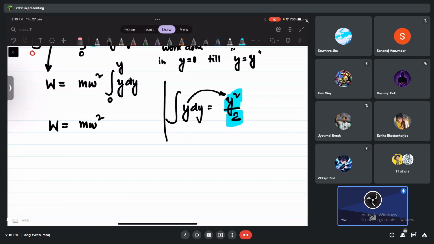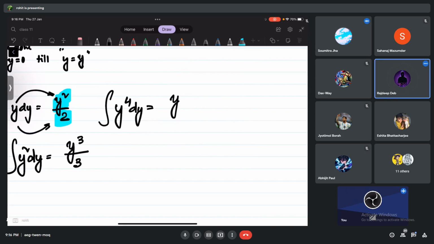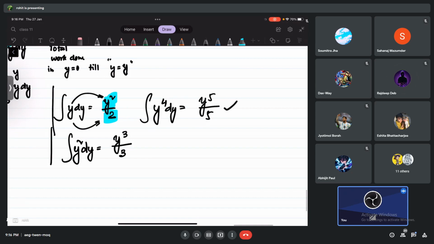If y square dy, you write y cube by 3. And if integration of y to the power 4, y to the power 5 by 5. Those who don't know integration, this much will save you in class 11.